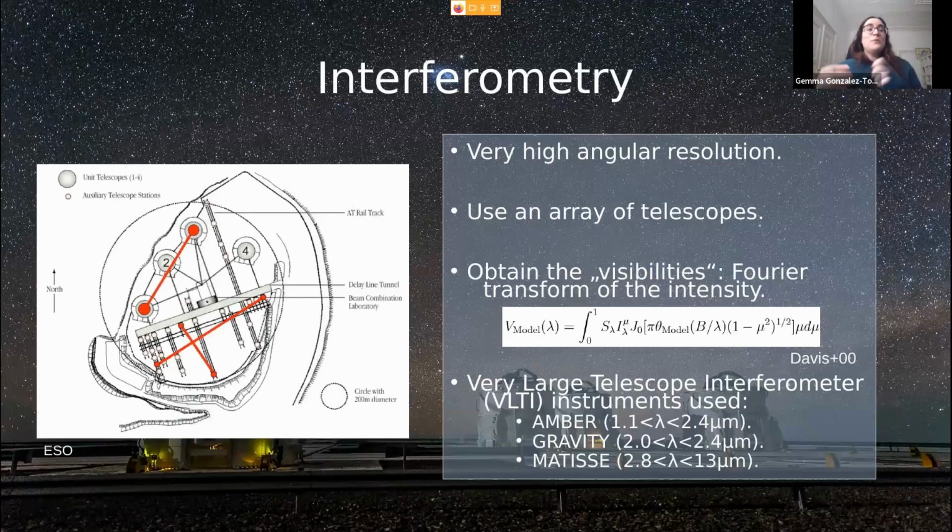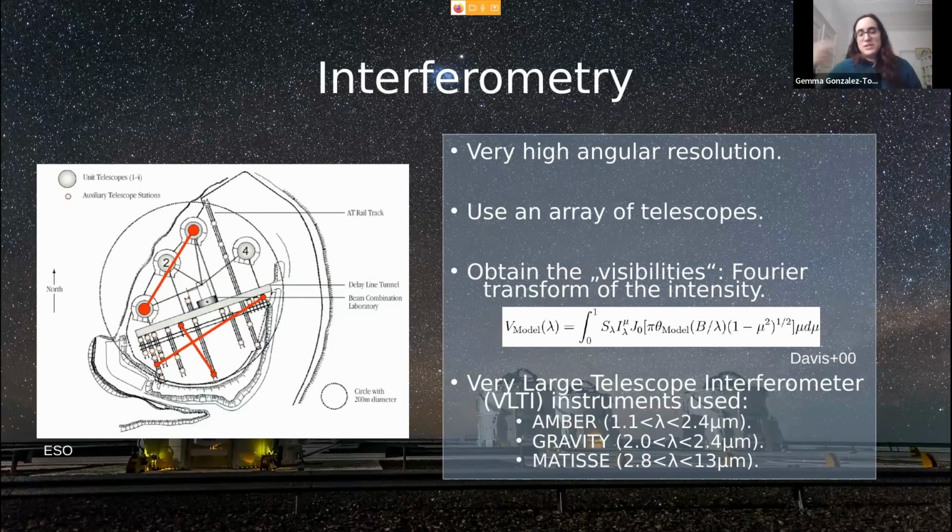So now we can go a step further because we have interferometry. Interferometry gives us a really high angular resolution, which means that we can really observe this extension of the atmosphere of red supergiants. I guess everyone knows here, but in interferometry we are using an array of telescopes, increasing the effective area of our telescope, which means we're getting higher angular resolution. Since we're just getting the interference of light, we're just getting the visibilities.